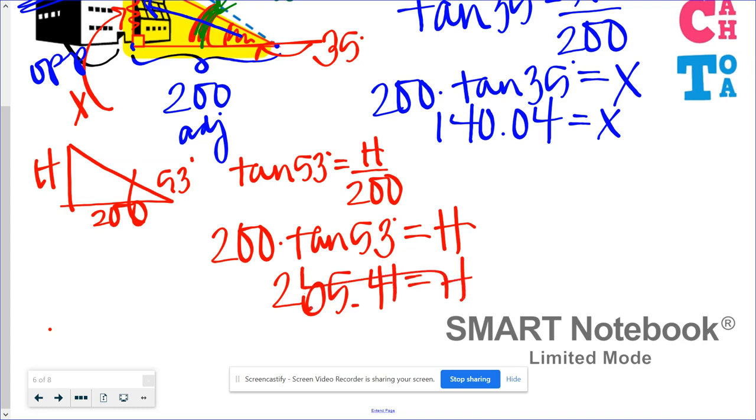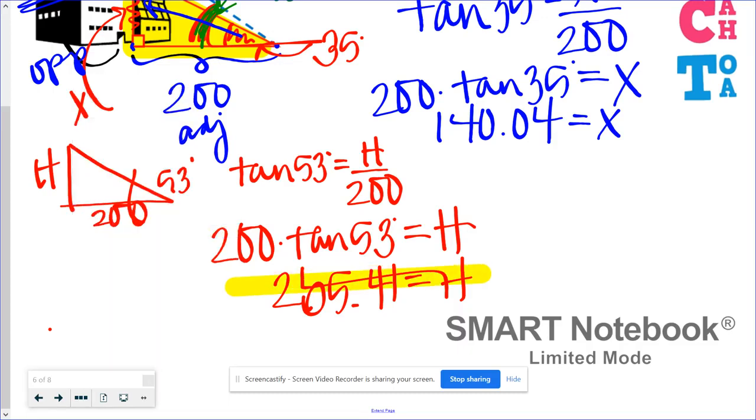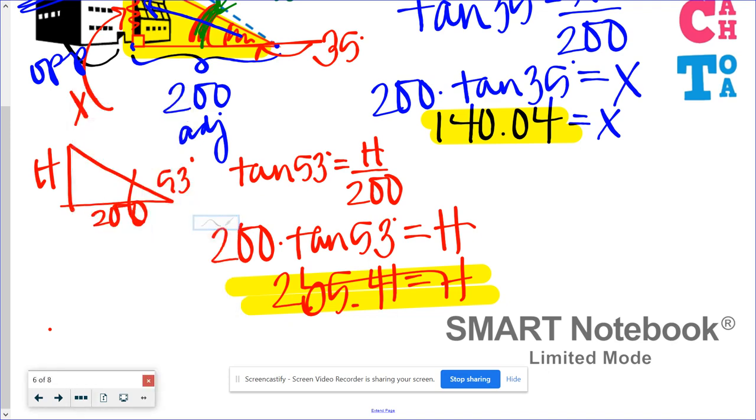So let's assess where we're at right now. We know the total height is 265.41. We know the height of just the building is 140.04. And we want to know just the smokestack. So this is our total height. This is just the building.